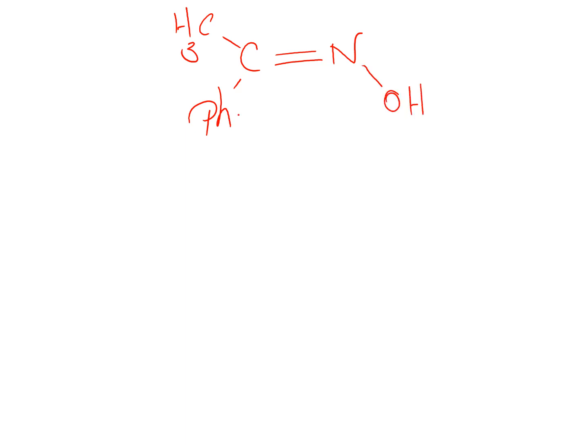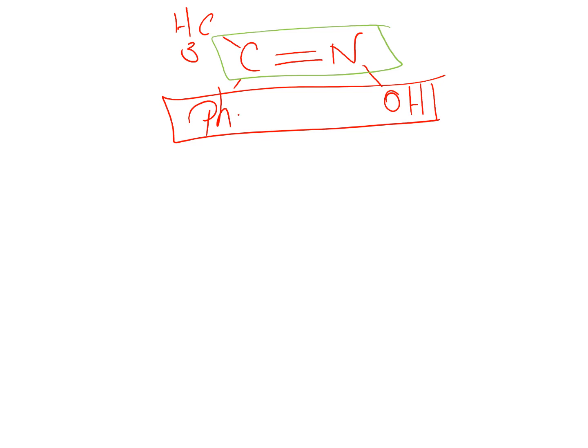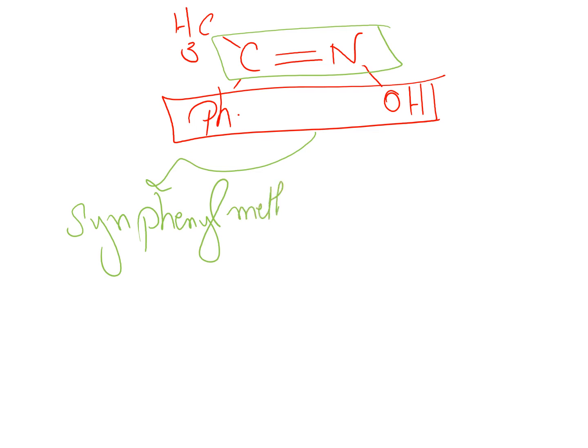What are these 2 isomers? You have now the carbon doubly bonded to the nitrogen, you have the methyl group, and you have the phenyl. It depends on whether your OH is on the same side of the double bond. Here is your double bond. If the phenyl is on the same side with the OH, then this is the syn-phenyl, and then you mention the other group, which is the methyl ketoxime.